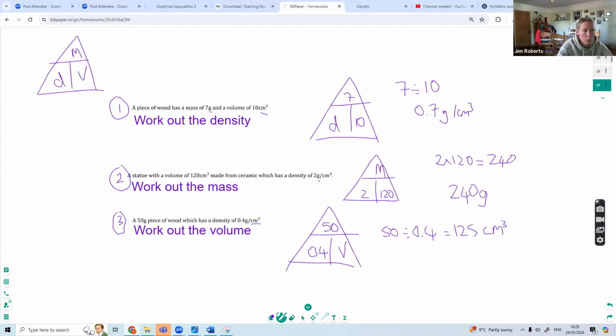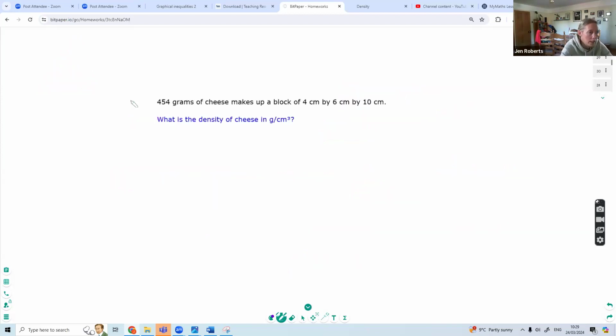Okay, so we're going to look at one exam question together, then I'll get you to have a look at two. This time you've got 454 grams of cheese. So already I know that's a mass, isn't it? It makes up a block of 4 by 6 by 10. We haven't really got a volume here. We're working out the density, so we need to use this information.